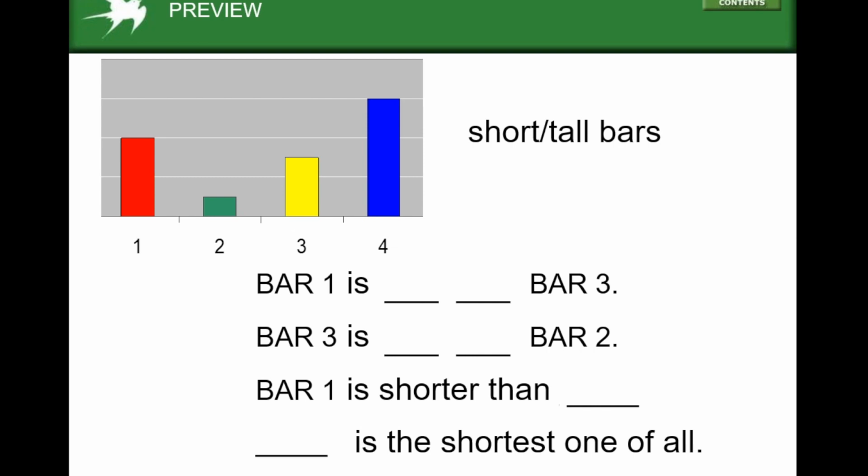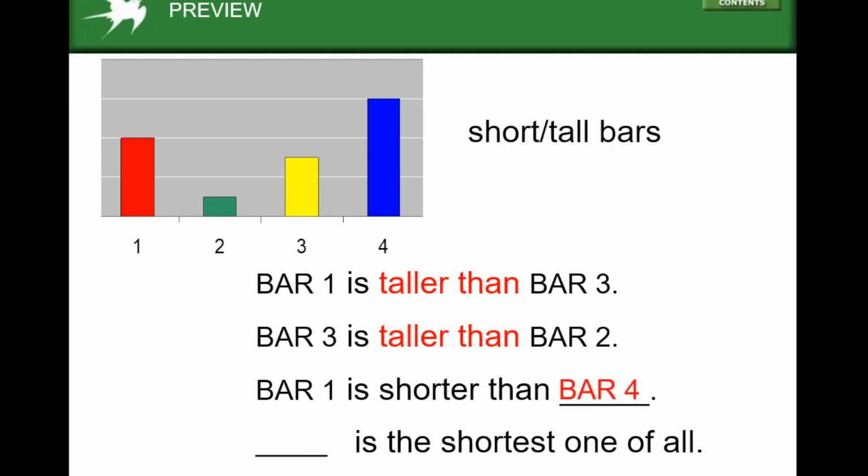Bar 1 is taller than bar 3. Bar 3 is taller than bar 2. Bar 1 is shorter than bar 4. Bar 2 is the shortest one of all.